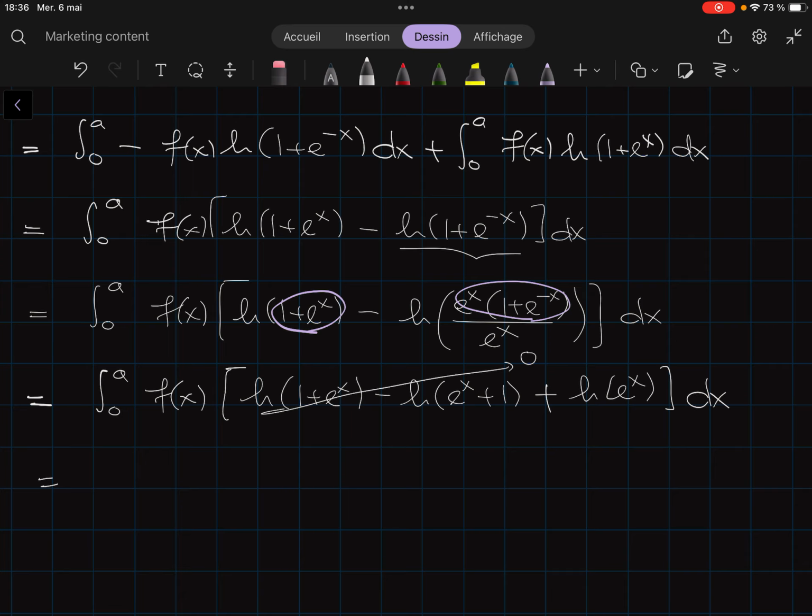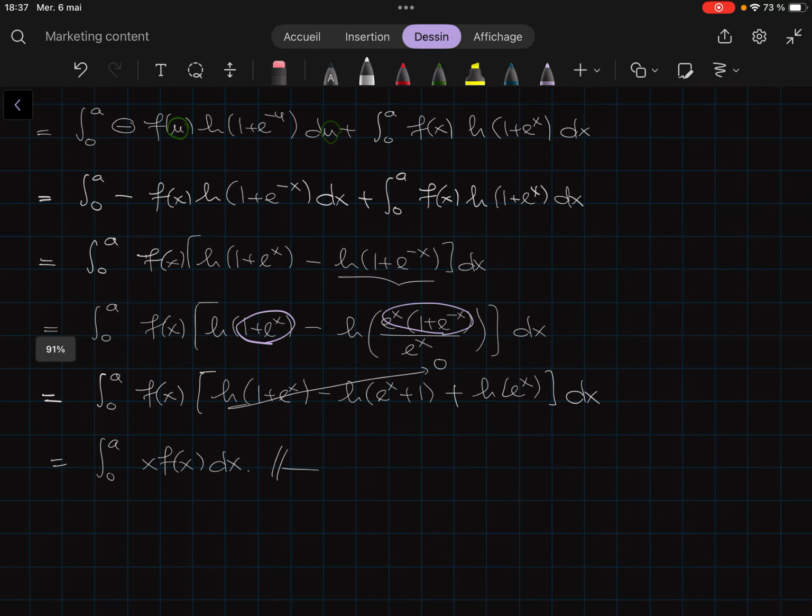They cancel out, ln of e to the x, that's x, and therefore we have arrived at our final answer. This is quite a challenging question. But nope, we're not done yet.